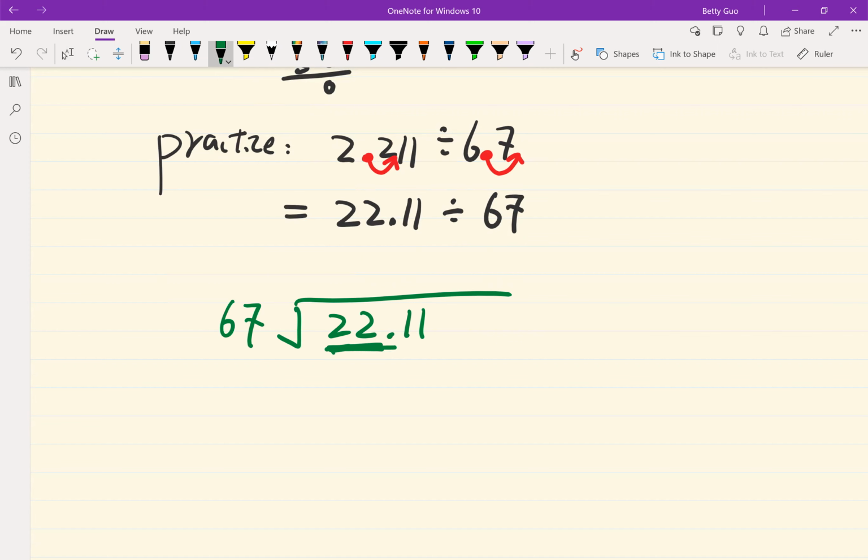Still not. So we're going to consider 221, right? How many times does 67 go into 221? You can try. I think at least twice, right? Actually, try 3 times. Let's try 3 times. Multiply 67 by 3.